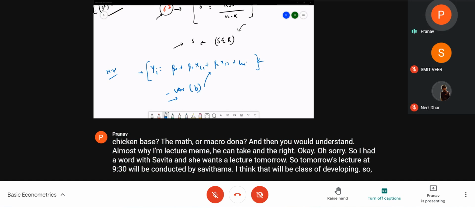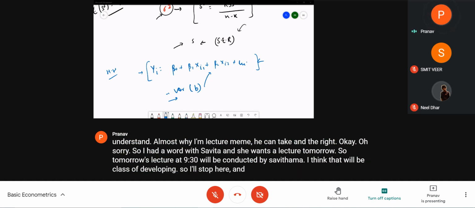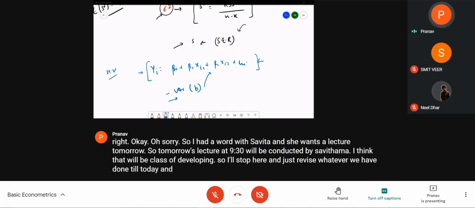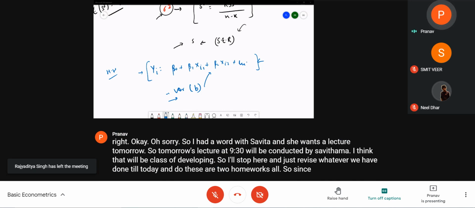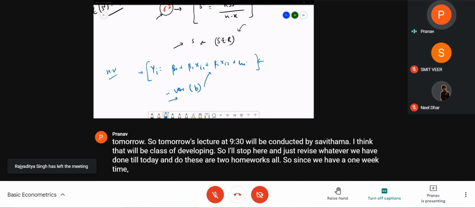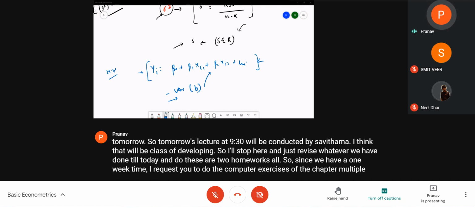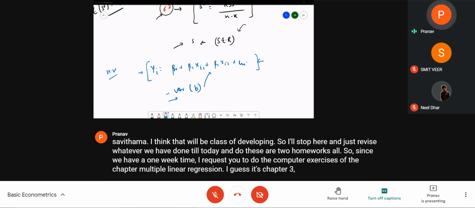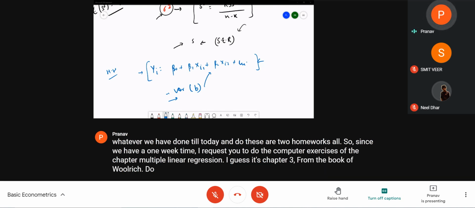So I'll stop here and just revise whatever we have done till today and do these 2 homeworks. Also, since we have 1 week's time, I request you to do the computer exercises of the chapter on multiple linear regression. I guess it's chapter 3 from the book by Wooldridge. Do at least 5 computer exercises, and if you wish you can submit them to me.